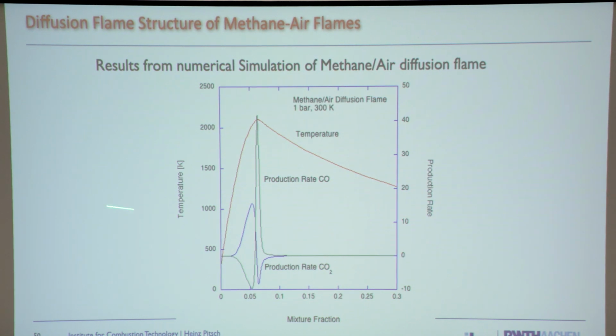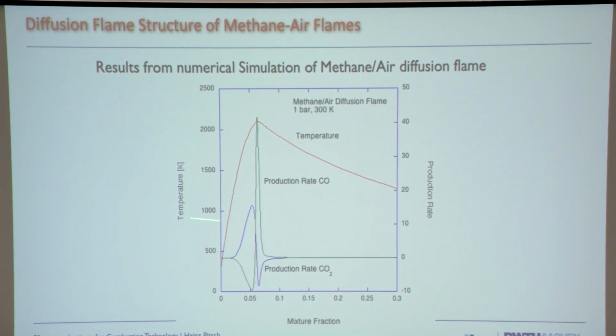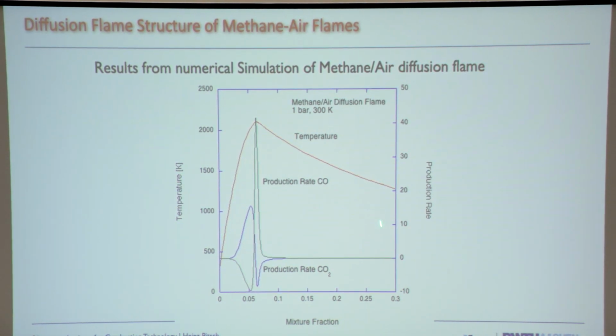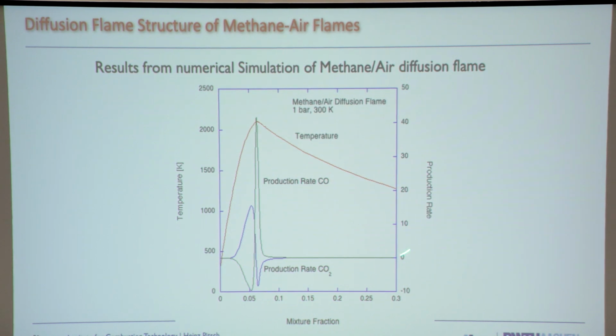So the argument has been that a diffusion flame is very much like a premixed flame where, let's say, the outer structure is the preheat region, and then you have here the reaction zone at stoichiometric, and in the lean region is where the CO is converted to CO2.